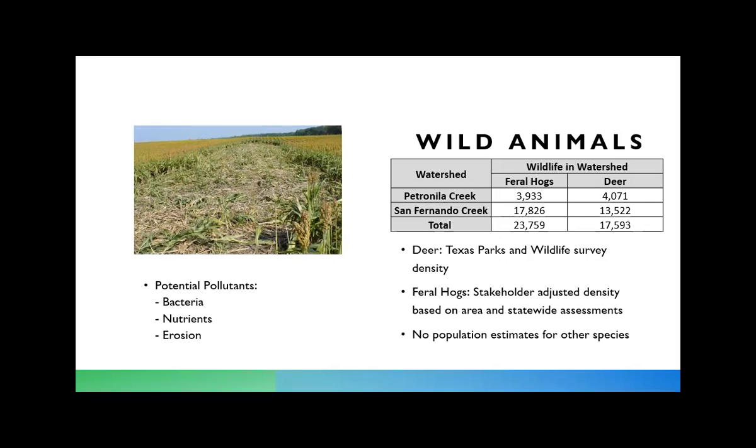We took feedback from y'all at the last meeting and through some email communications to adjust the numbers higher or lower depending on the area that we're looking at. These are the only wild animals that we have estimates for. Someone at the last meeting asked if we could try to quantify birds in the area, migratory birds, to see what kind of potential bacteria loading they provide, but that information is hard to come by because they're migratory.